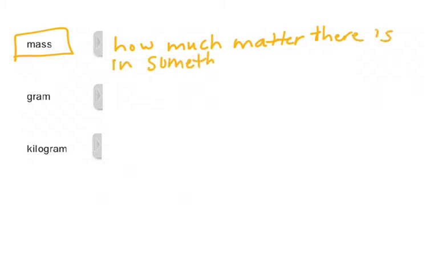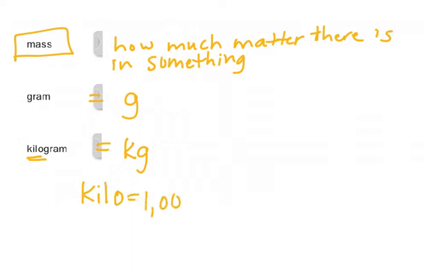And 2 ways that we measure that is in grams, which we use a lowercase g, or kilograms, a lowercase k and g. The prefix kilo actually means 1,000. Or we could say there are 1,000 grams in 1 kilogram.